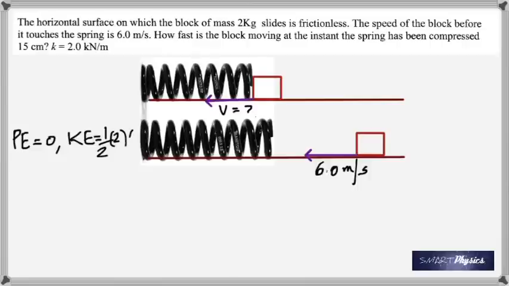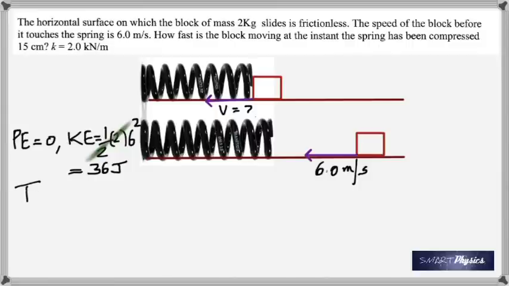Now the mass is 2 kilograms, so it's 1/2 times 2 times the velocity is 6. 6 squared is 36, so the 2 and 2 get cancelled and you get 36 joules.